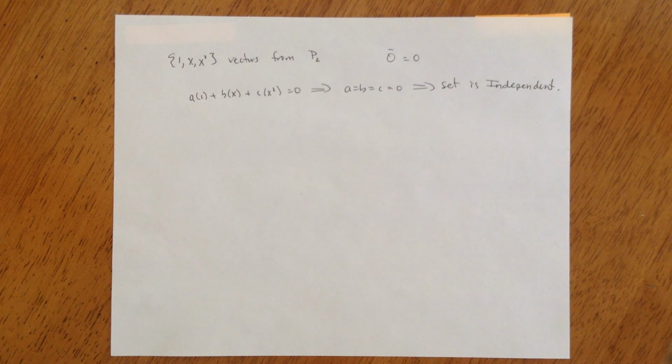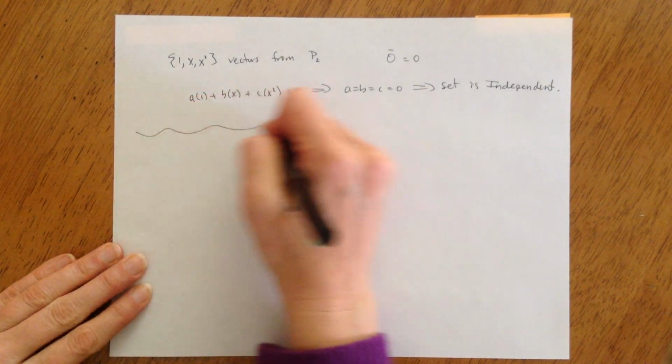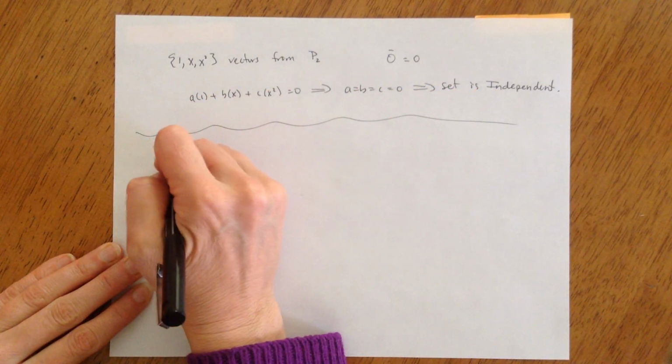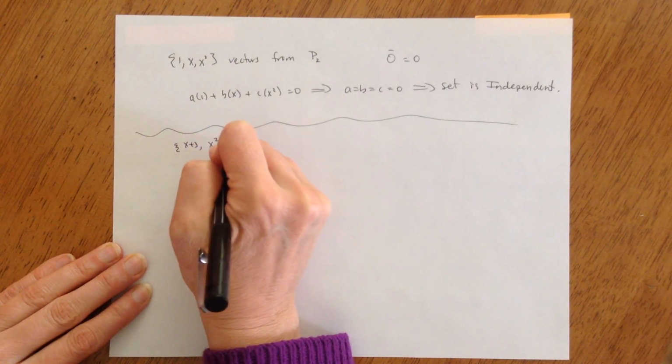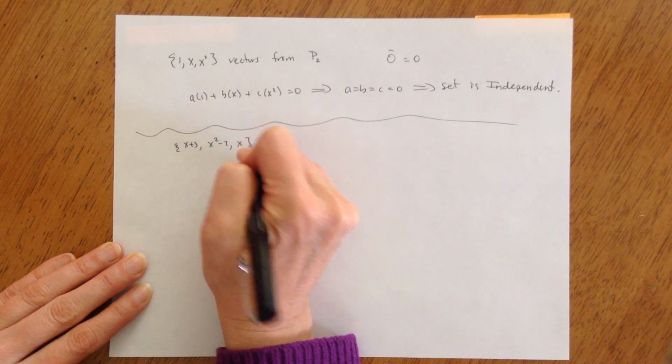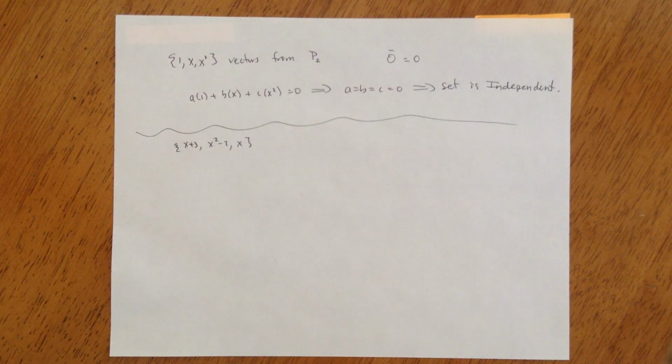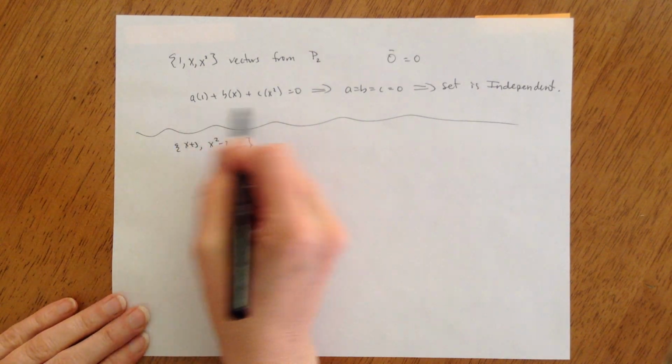And that's a set of vectors from P2. Let's take another set of vectors from P2. Let's do, say, x plus 3 and x squared minus 2 and x. So is this independent or dependent? Well, we can find out by doing the same thing we did up here.